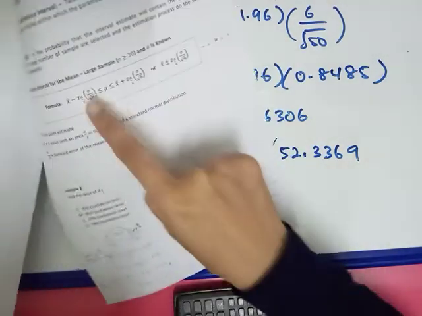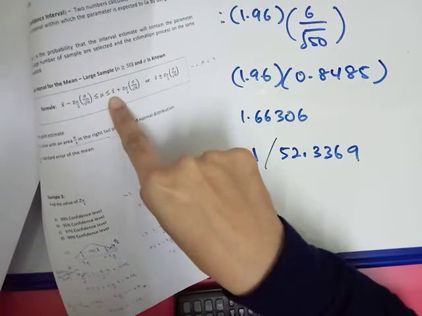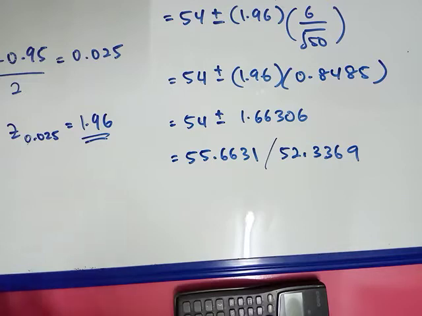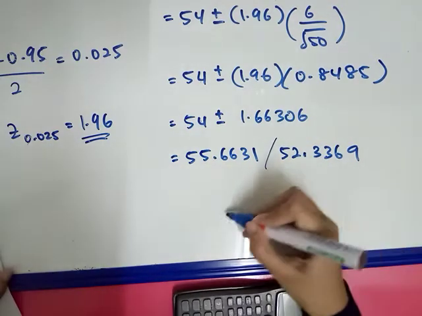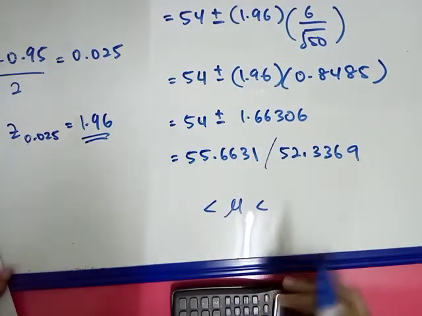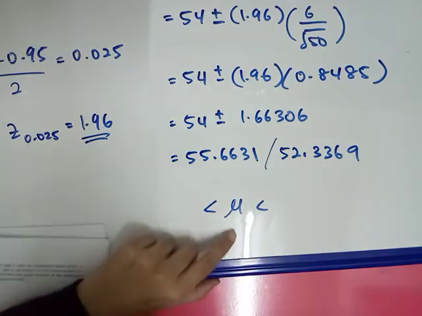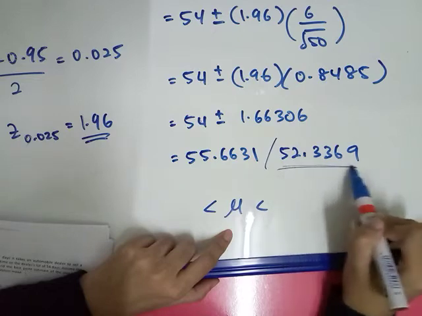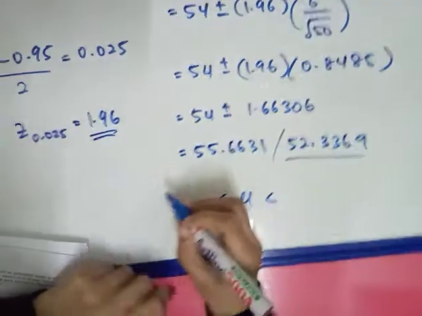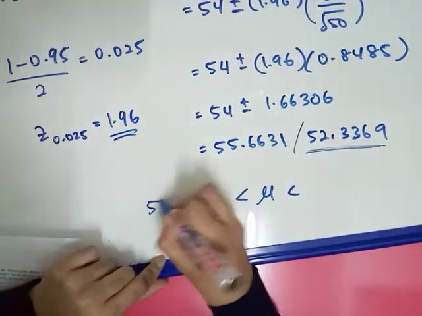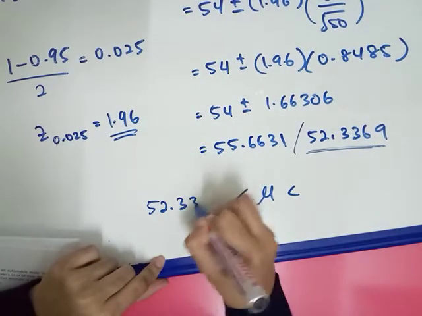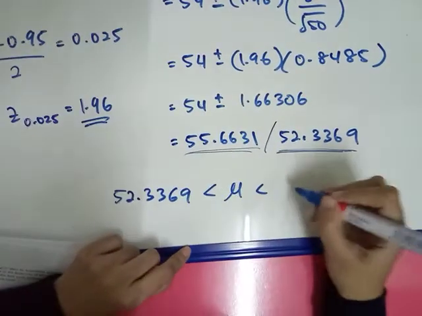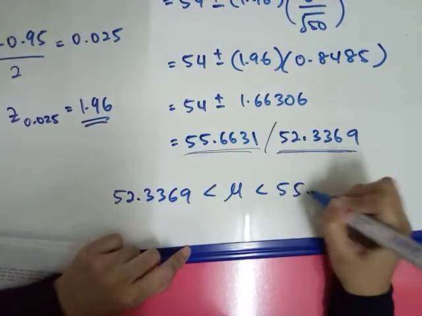So for the last answer, kalau awak tengok pada formula tu, dia ada interval kat tengah-tengah, ada population mean. So we call it the range value, or the interval for the population mean. Nilai yang kecil, this one 52, put on the left side, dan nilai yang besar di belah kanan, on the right side.